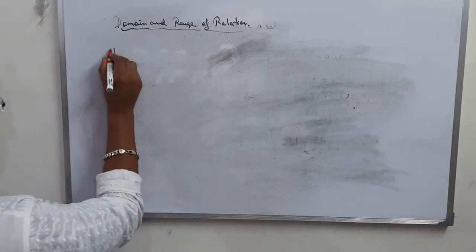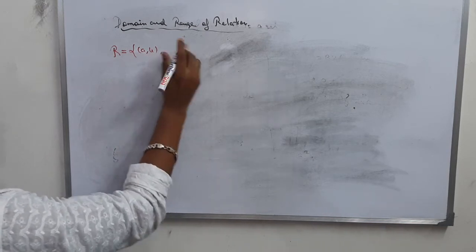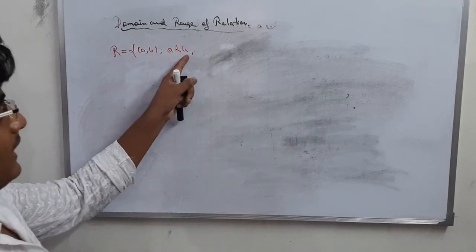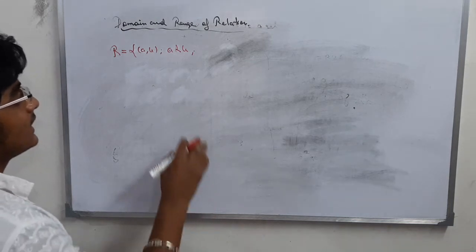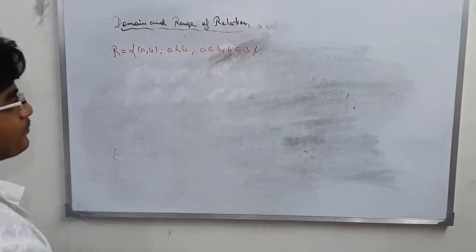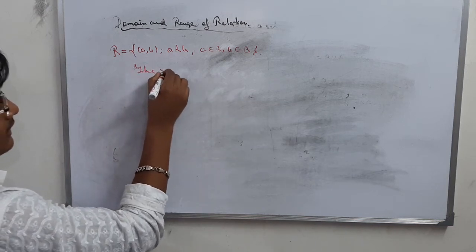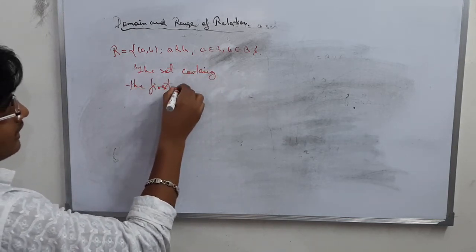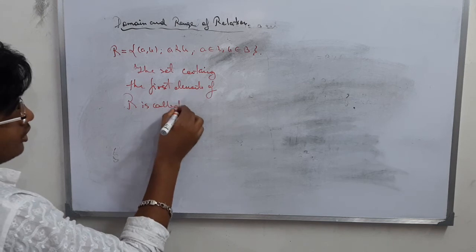Say I have a relation R from A to B. Basically, a R b means that they are related to each other, where a belongs to A and b belongs to B. The set containing the first elements of R is called the domain.